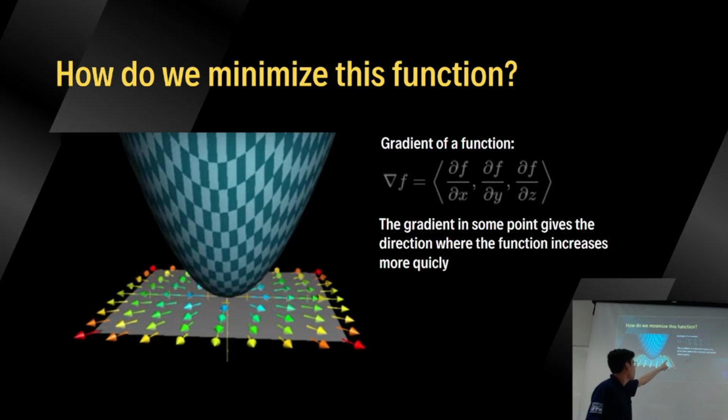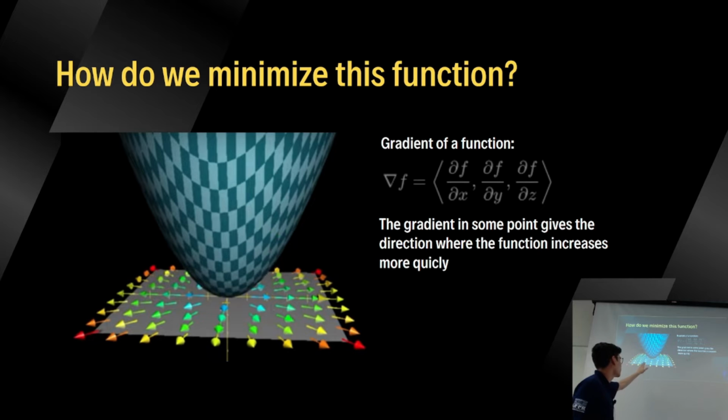If I calculate the gradient of this function at some point, it will give us a vector that points in the direction where the function increases most quickly. For example, if I'm in this spot and I calculate the gradient of the function, it's there. If I go there, I'm going up on the function. But we want to minimize the function, so we have to go in the other direction.